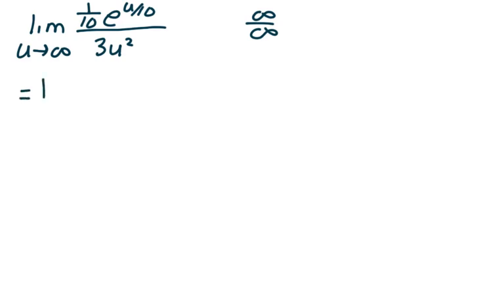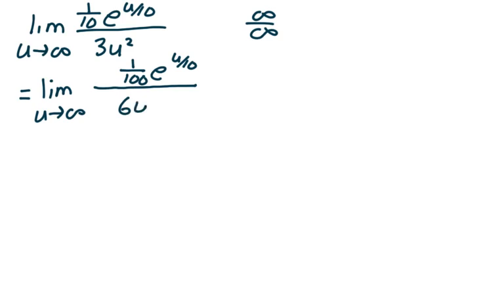So this is the limit as u goes to infinity of 1 over 100 e to the u over 10, divided by 6u. Again, we have infinity over infinity, so I could apply L'Hopital's rule again.